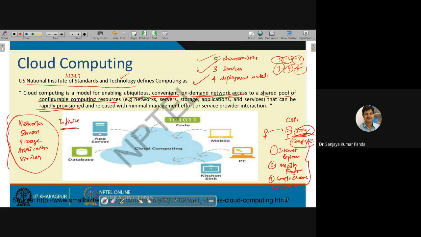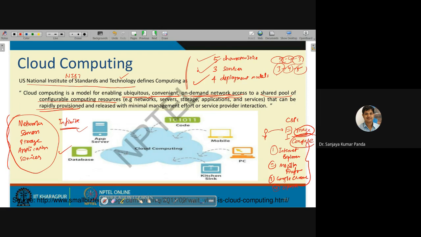Right? So you can see these are some of the services. I'll tell you about these services in the upcoming class. But you can see what the different types of services are. We can take database as a service. We can go for an application server also if you need. You can ask for the services.